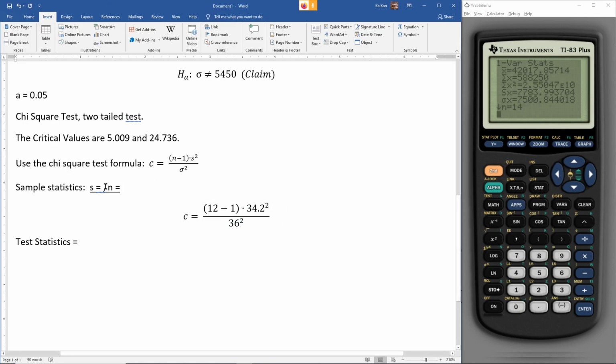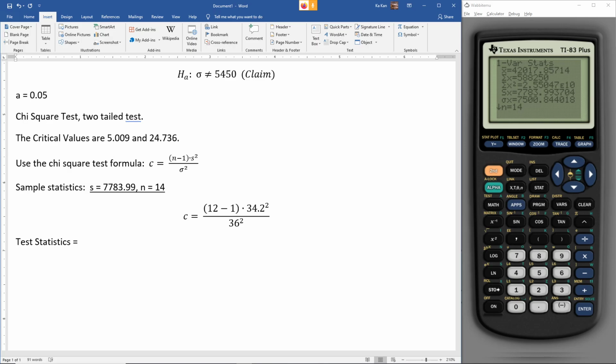So the sample statistic in our case, now use this one here. The sample standard deviation, which is 7783.99. Use that one. So don't use the population one. Don't use the sigma one, right? Use the S. And what's the N equals? The N is 14, right?